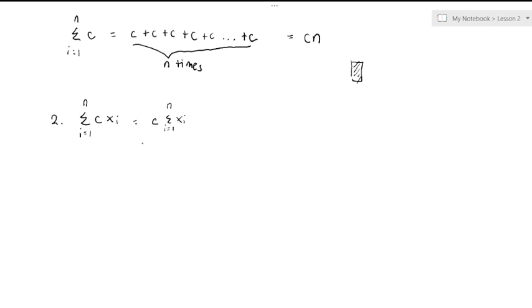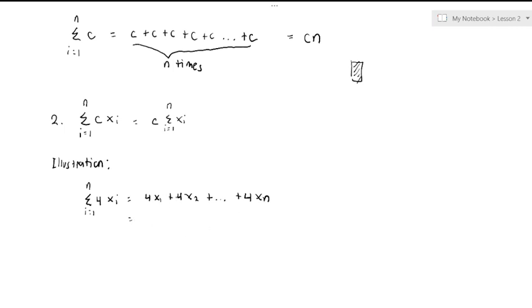Now, for illustration, kapag kinuha natin yung summation ng 4 x sub i, i equals 1 to n, this is 4 x sub 1 plus 4 x sub 2 plus up to 4 x sub n. So, dito matatapos sa x sub n.